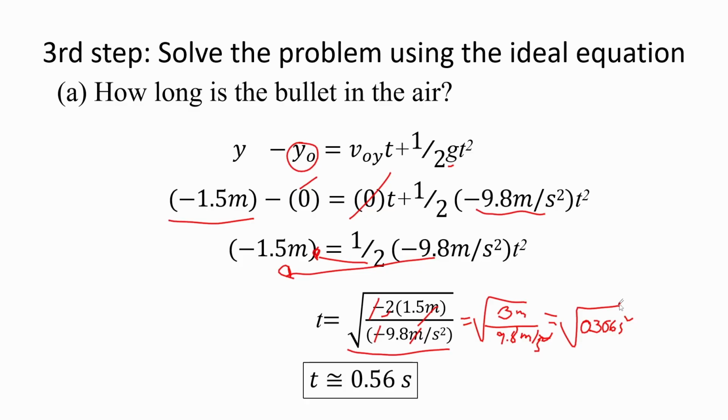And you take the square root of that one, and it should give you 0.56 seconds. Sorry, please check on the calculator. Okay, it's difficult, right? Okay.